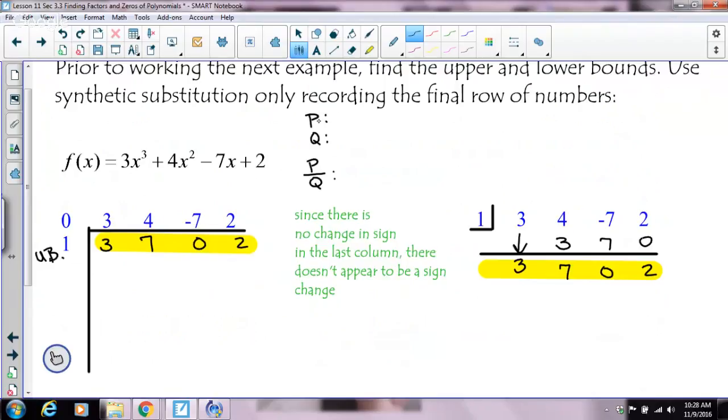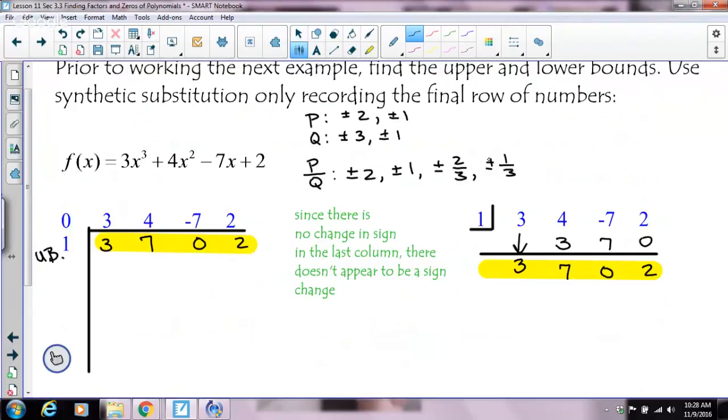So this is the upper bound. So what are my P's? Plus or minus 2, plus or minus 1. And the Q's? 3 and 1. So P over Q: 2, 1, 2/3, and 1/3.